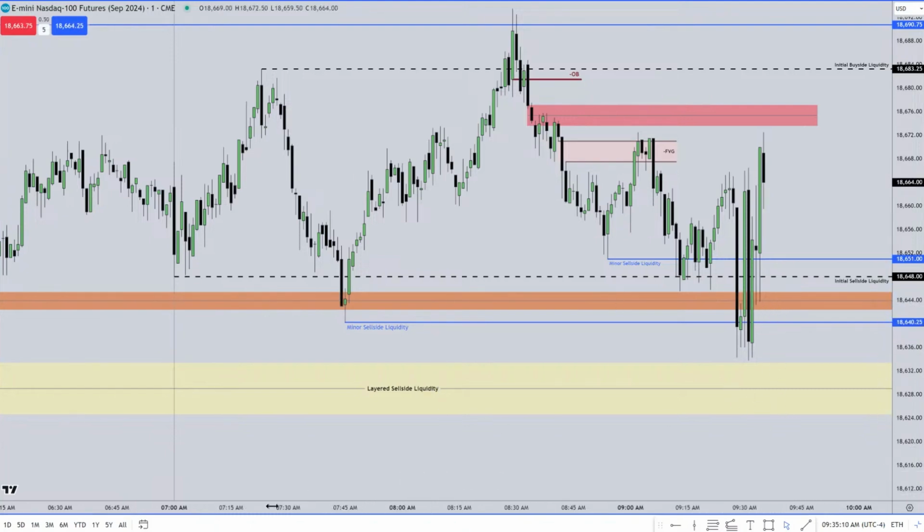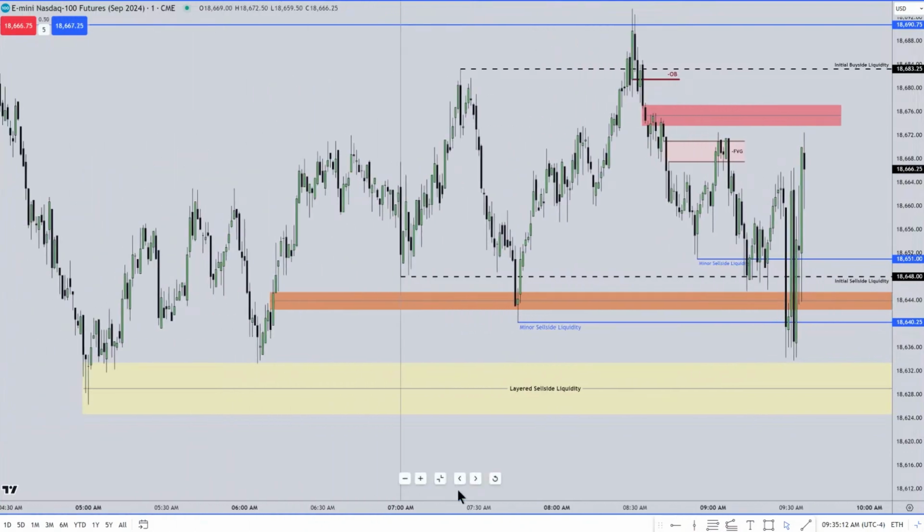I do really like the idea that they've kept this low and this low in the rule book, if you will, that now we have relative equal lows there. And this one here has a lot of liquidity in it because it's 5 a.m. It's during the close of the London session. So we see the market wanting to reach down into that, but then stop short of it.